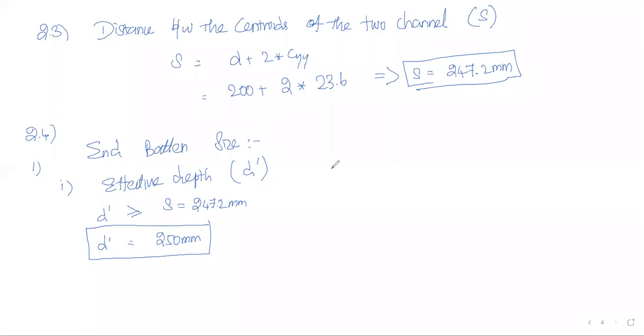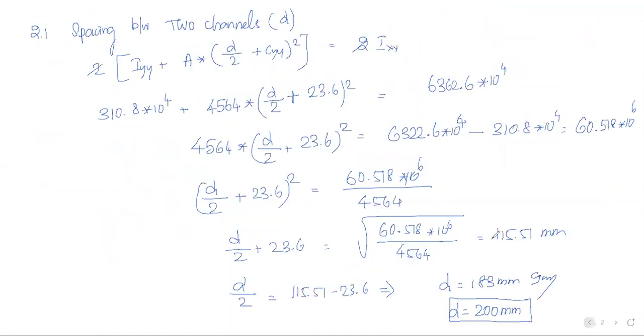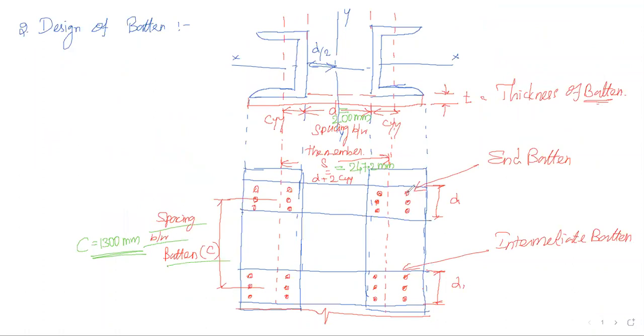Therefore, overall depth D. Here we have to note it down. D dash is from here to here. D in the sense overall depth.